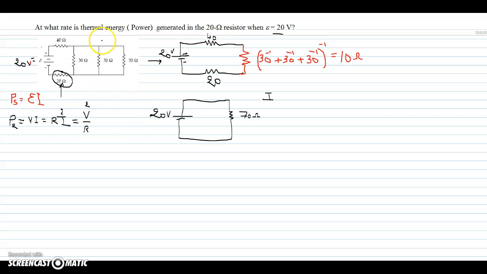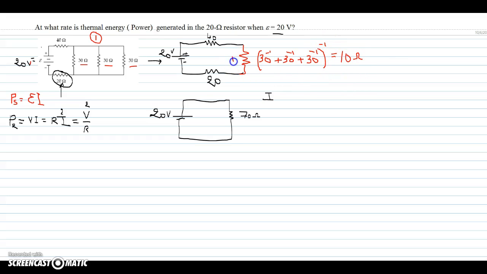So this is the given circuit. Next I have 30, 30 and 30 ohms. They are in parallel; you can see this point is the same. Therefore, I combine them as one equivalent, the reciprocal of the sum of reciprocals of 30, 30, 30, which is 10 ohms.